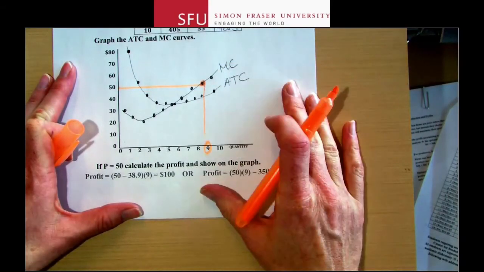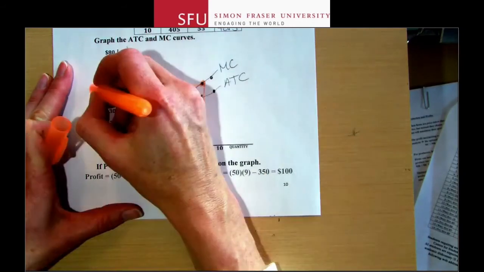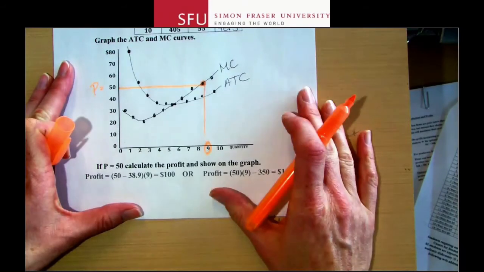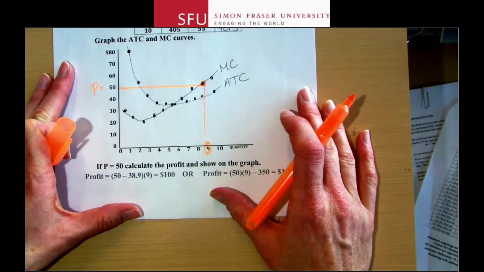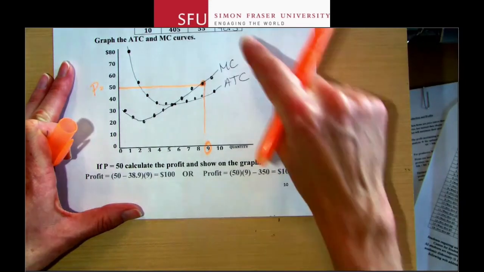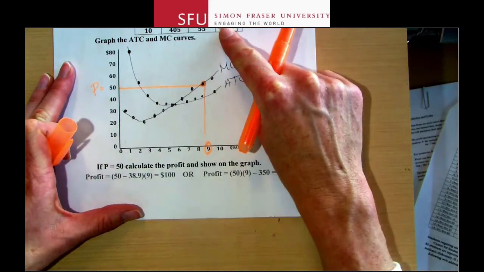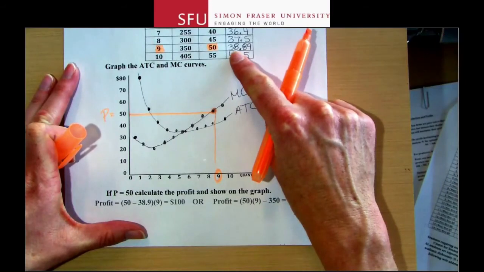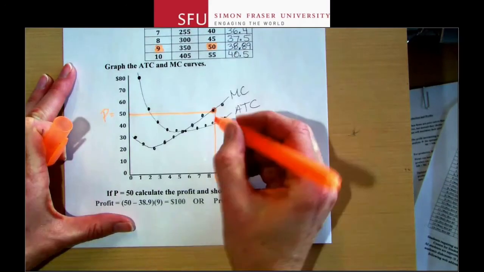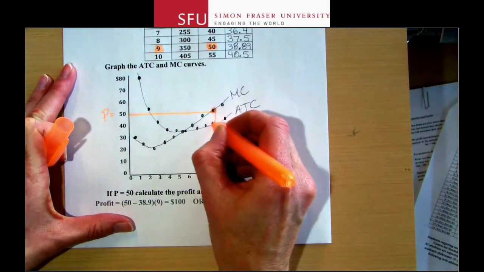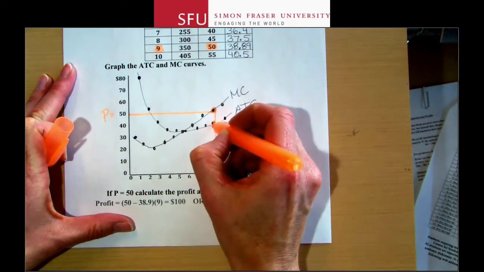So the price is 50, the quantity will be 9. And then from the table, we know that the average cost is 38.89. So that would be here, the average cost.